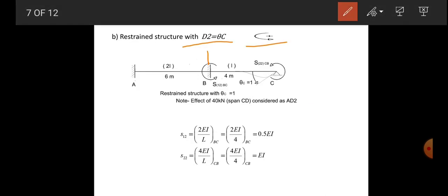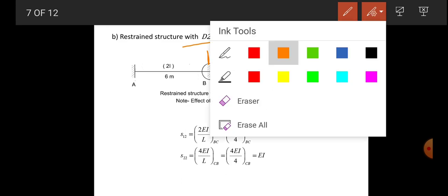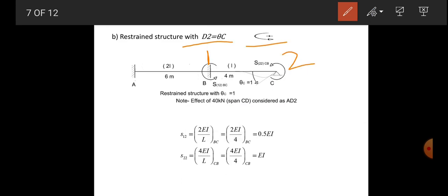So here is the first coordinate, here is the second coordinate. Now we are applying unit rotation at d2, that means at 2. So write down 2. So you will get the second column of the matrix. So let's find out.